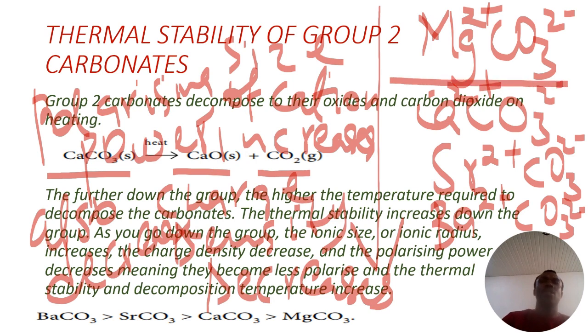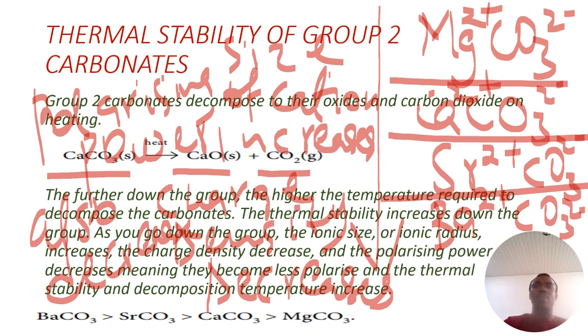That means magnesium carbonate is highly polarized. That means magnesium carbonate can easily decompose. Magnesium carbonate can decompose to its oxide and carbon dioxide at a lower temperature compared to calcium carbonate, strontium carbonate, and barium carbonate.